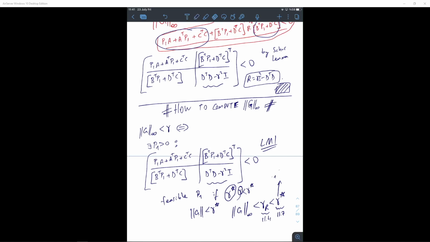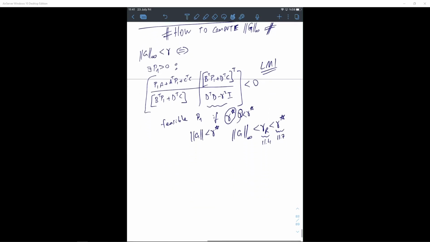All right, so the bisection algorithm now is this. Here, this is gamma min, and this is gamma max.